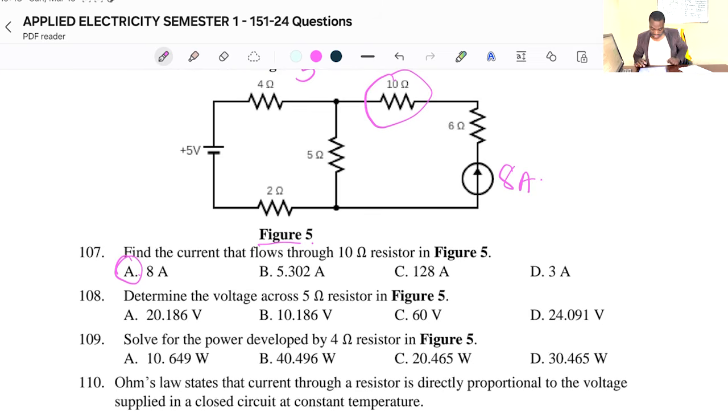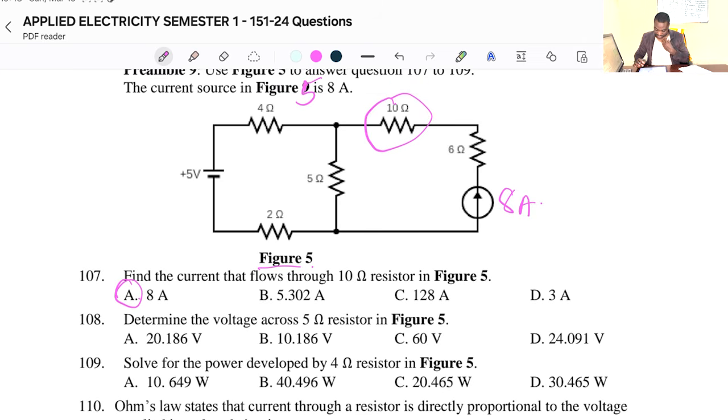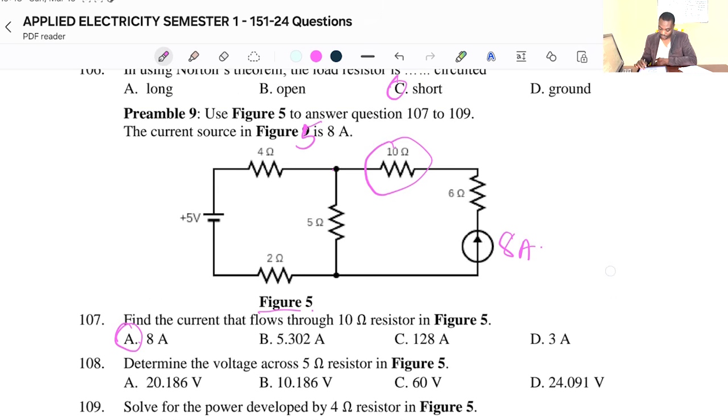Determine the voltage across the 5 ohms resistor. To find the voltage across the 5 ohms resistor, which is here, I'm going to use the nodal analysis method. That means I'll first indicate the currents.